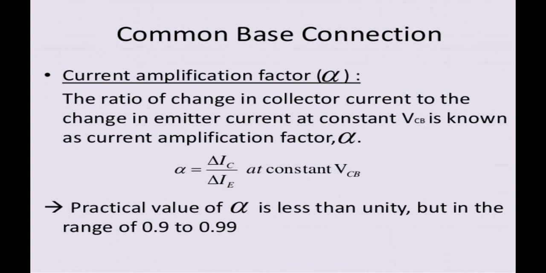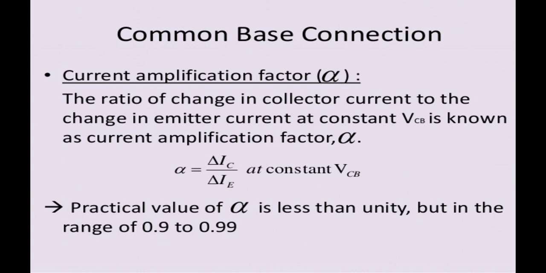The practical value of alpha is always less than unity, in the range of 0.9 to 0.99, but the ideal value of alpha we consider as unity, that is 1.